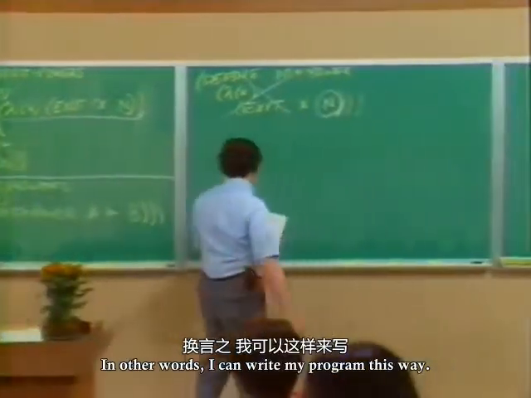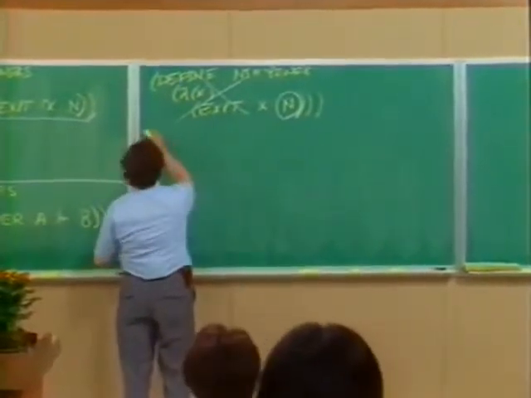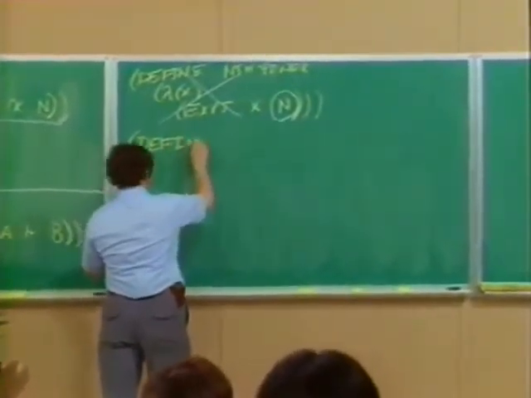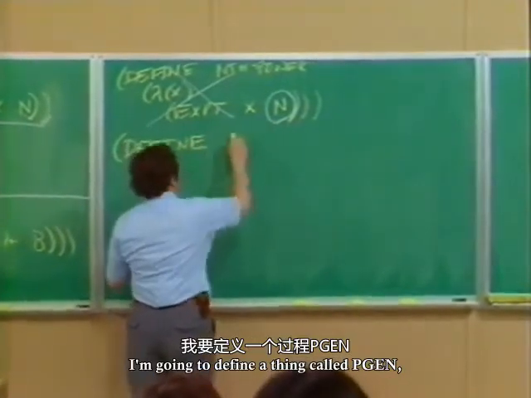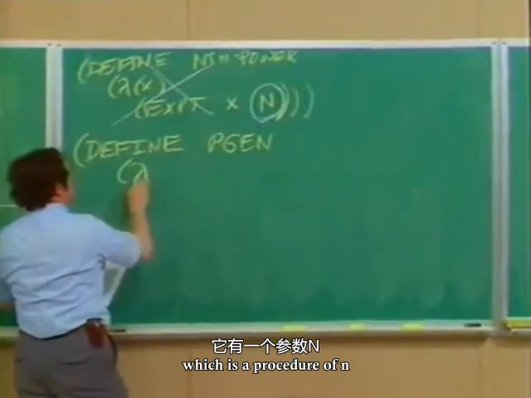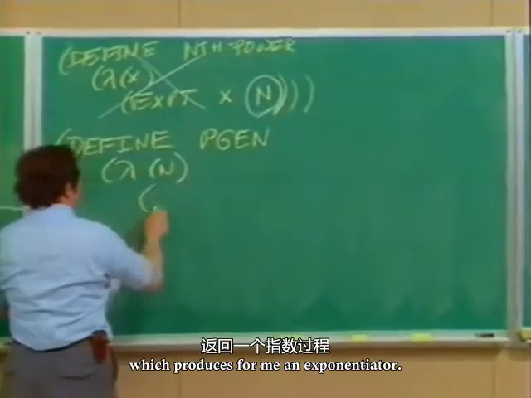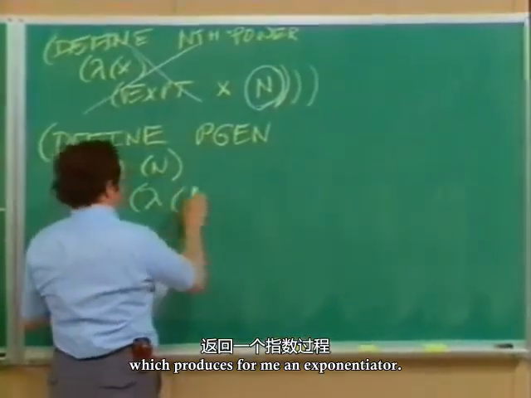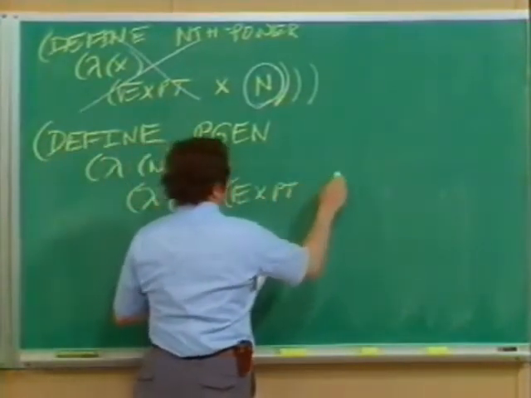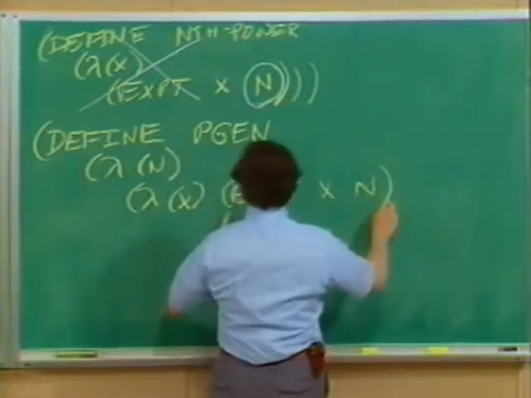In other words, I could write my program this way. I can define a thing called pgen, which is a procedure of n which produces for me an exponentiator, x to the n.